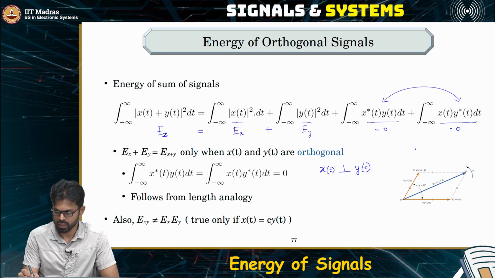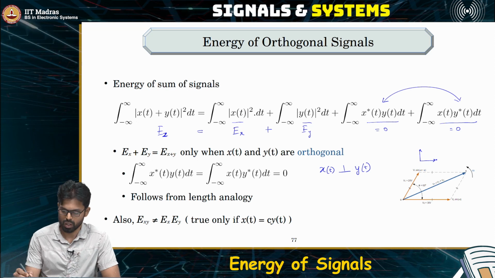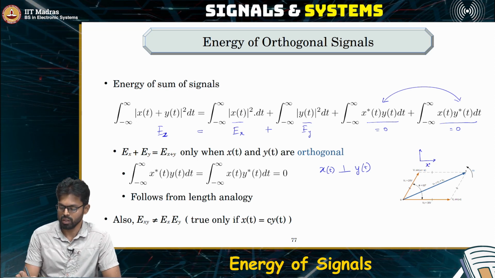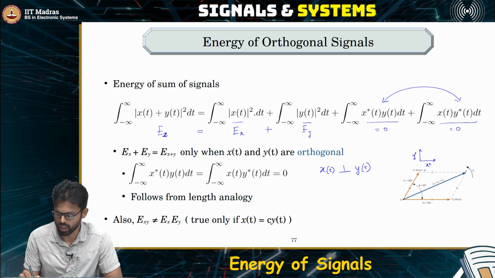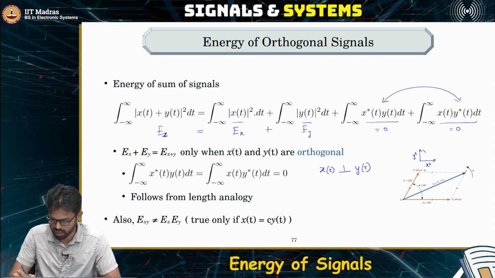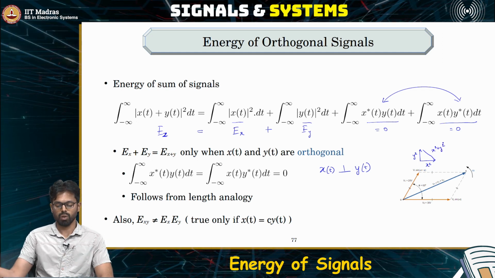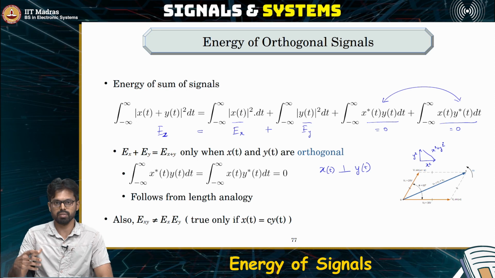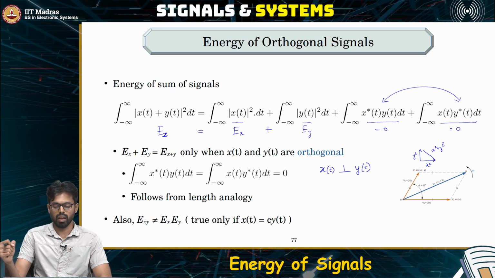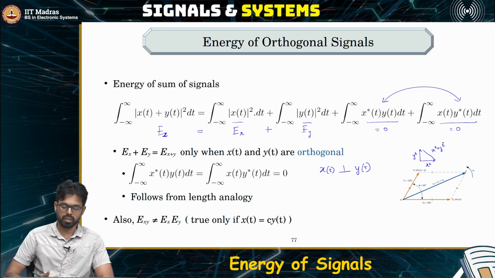In other words, you can see this through the Pythagorean relation. If you have two vectors which are orthogonal and their individual squared lengths are x squared and y squared, then the squared length of their sum is just x squared plus y squared, right? So that follows. You can treat signals as if they are vectors, and you can find out their lengths through the energy expression.